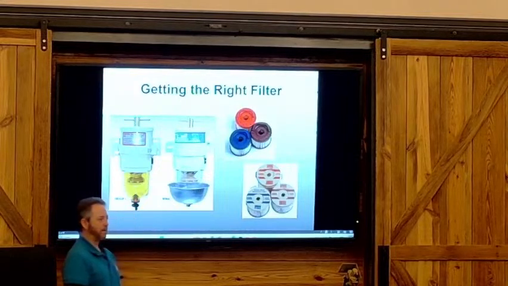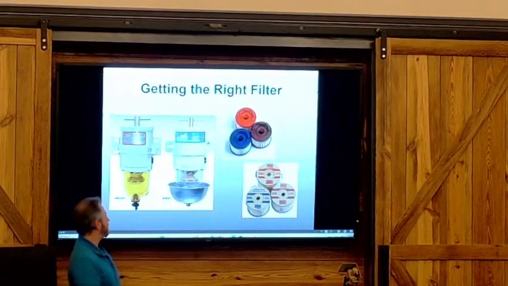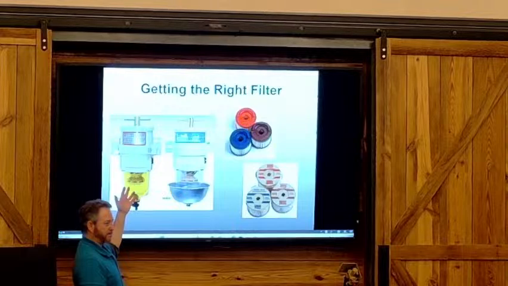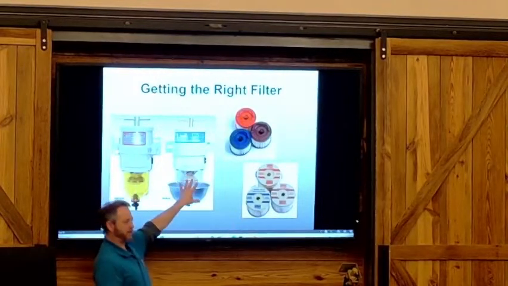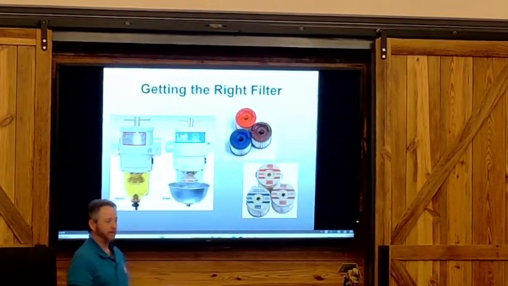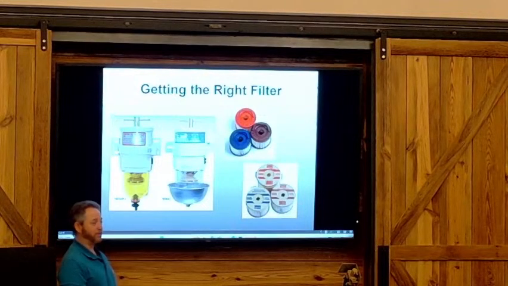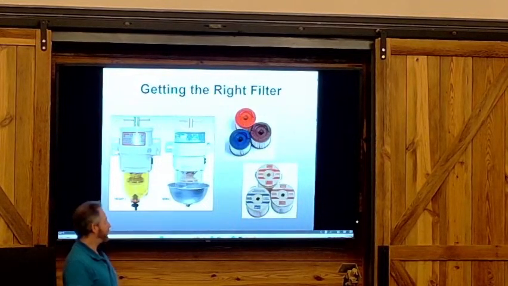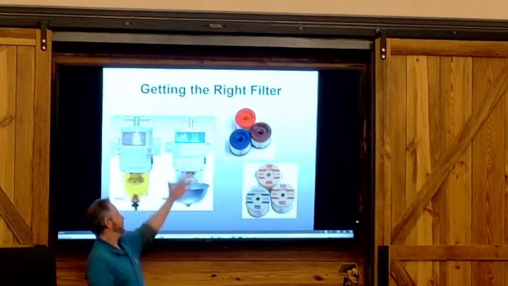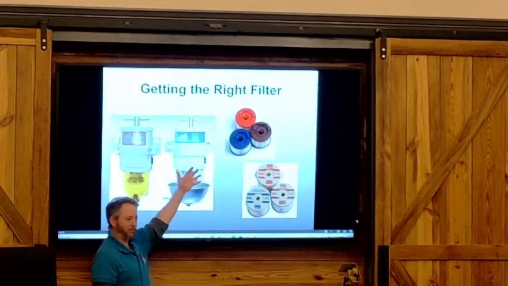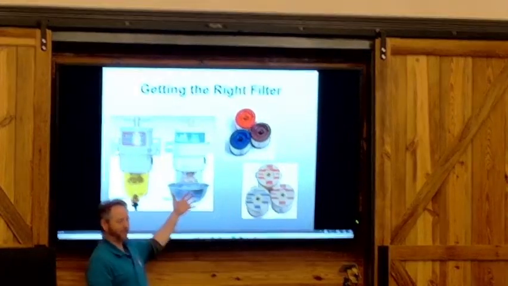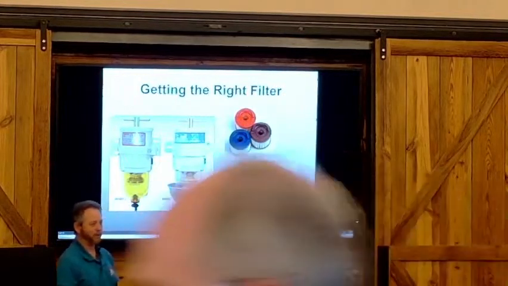Can you convert the filters? I have the one on the left. Can I convert that to the one on the right? Yes. So you can buy a bowl kit, which is not cheap. Somewhere between $150 and $200 for the kit. So a lot of times it's $300 for the whole unit, or $150, $175 for the bowl kit.